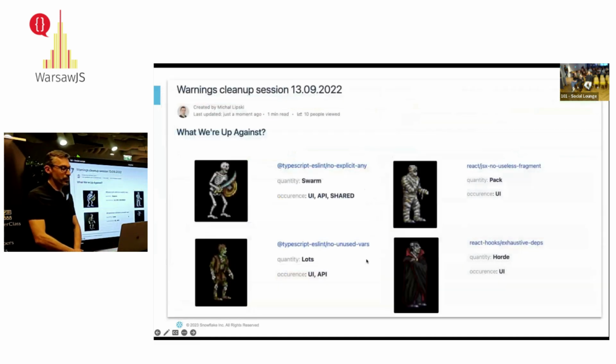The other thing we did is something called a warnings cleanup session. We just gather a bunch of people in a room. We figure out what rules are causing us the most problems. We identify how to fix them and spend 2-3 hours mob programming or pair programming to get rid of as much as we could.